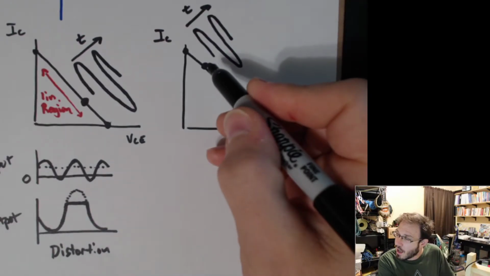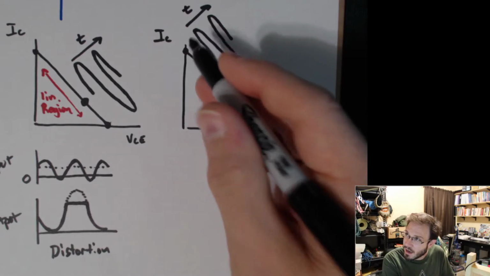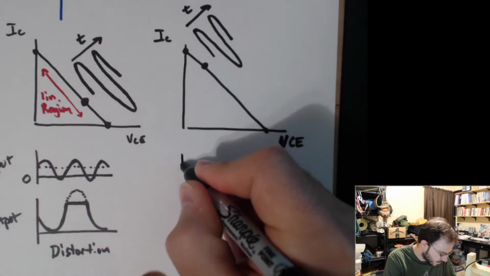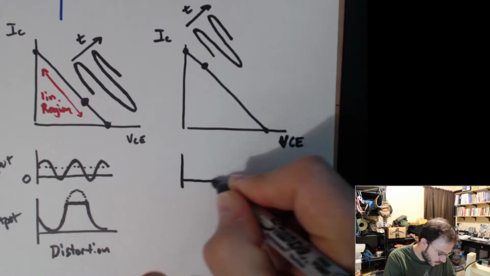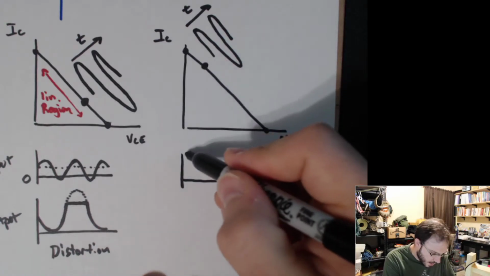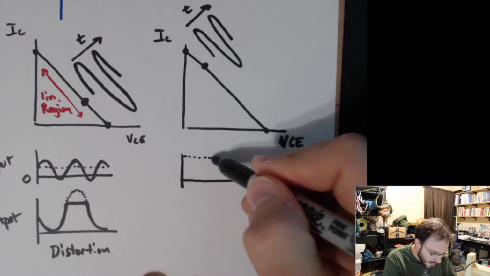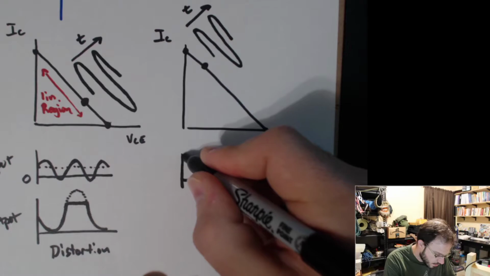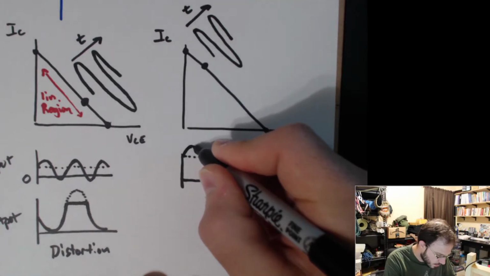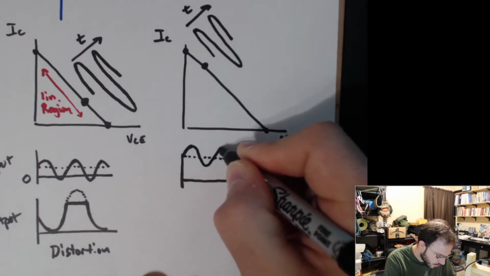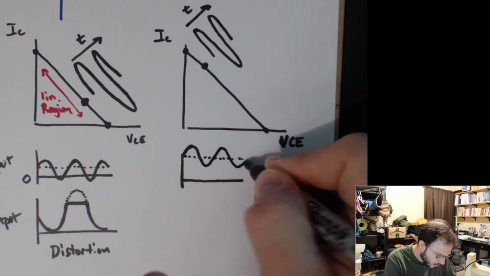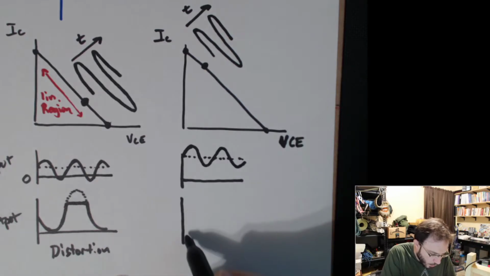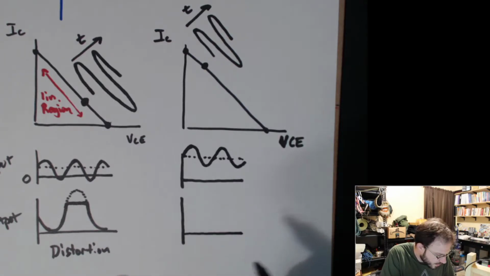Similarly, if we start off with too high of a DC operating point, then our DC offset is way up here, and our output will also have some problems.